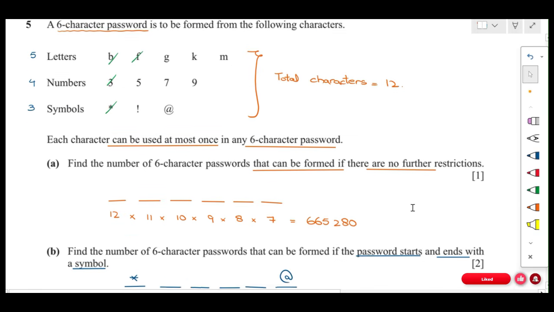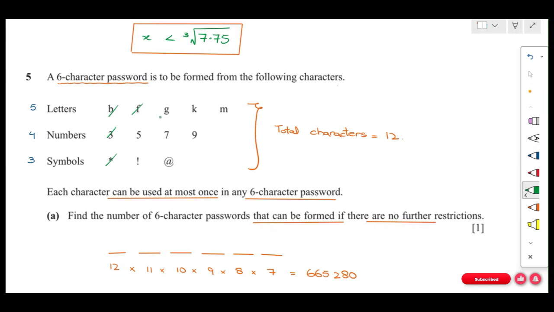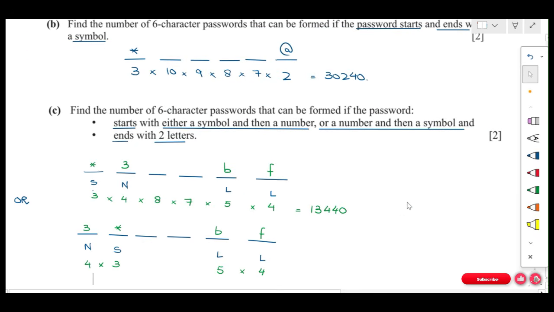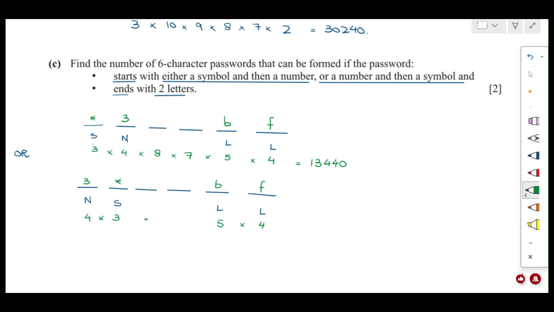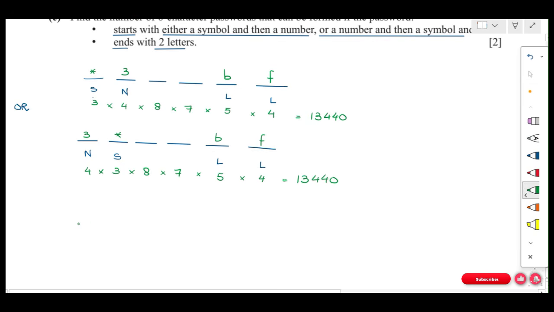The symbol, number, B, and F are taken, so just 8 options are left for the third character, and for the fourth character, 7 options are left. So everything is the same, and it's again 13,440. For the total, we add.